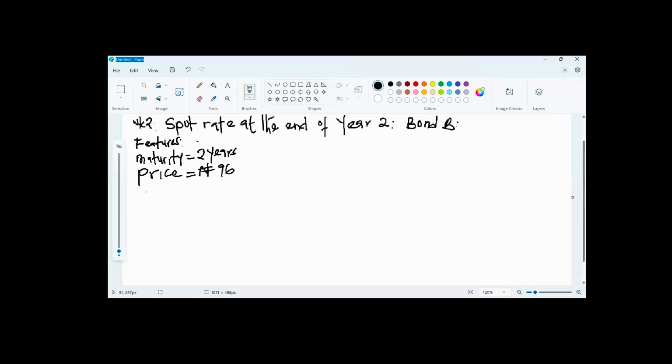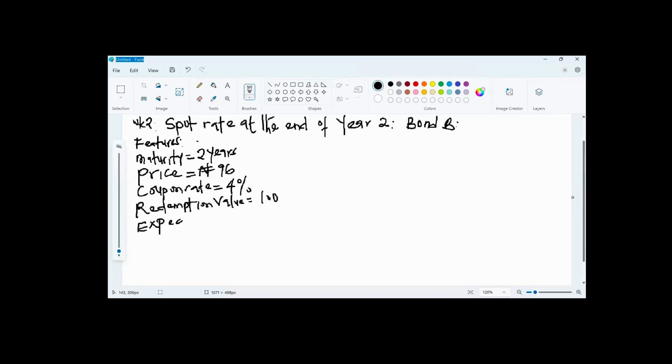What is the coupon for bond B? 4%. What is the redemption value for bond B? 100. I'm itemizing this because I want to explain. You don't need to itemize in the exam. You have it already. Just go straight to your expected future cash flow now.